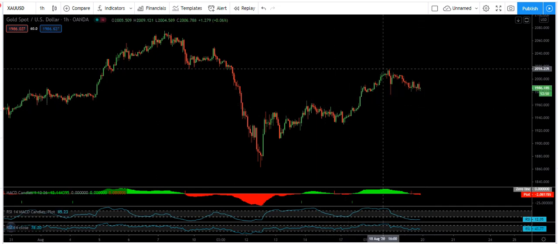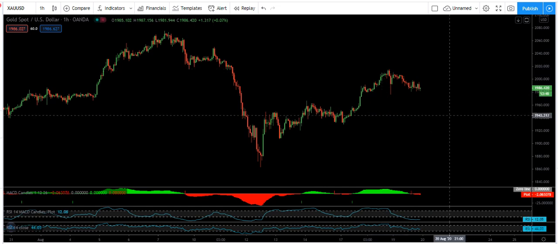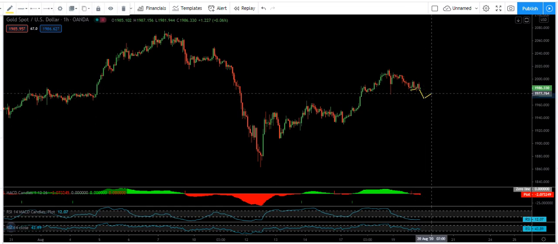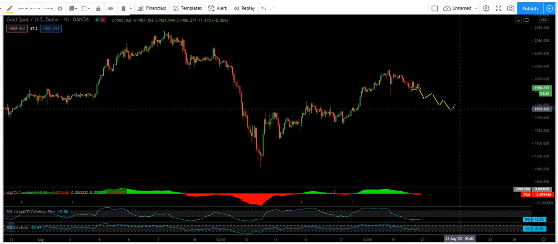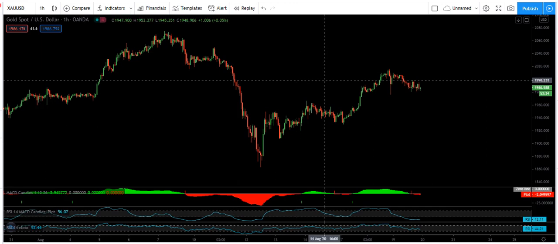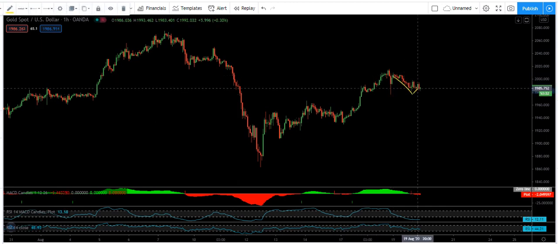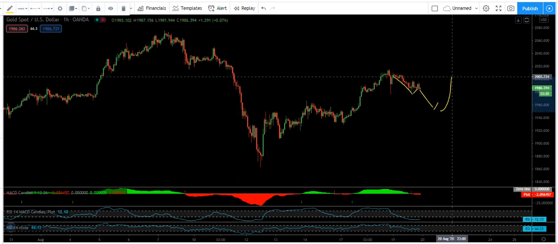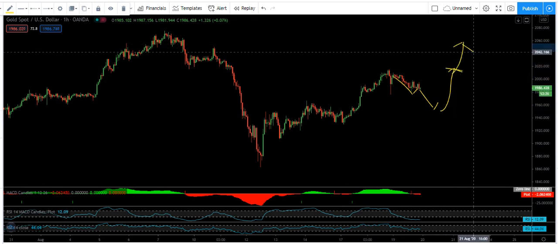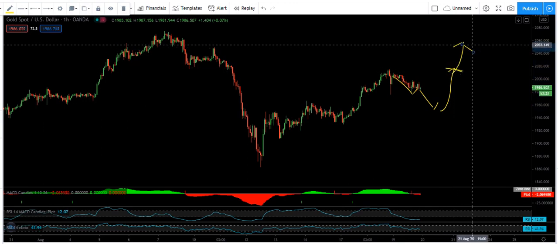In this case, any trade setup we get, we can look into it, but if the price corrects and comes lower, buying can be a better opportunity if we get the buy setup. But for me, what we are expecting is this: if the price drops here and from here moves up, to this level or higher, then from there if we get any sell setup, it can be a good trade.